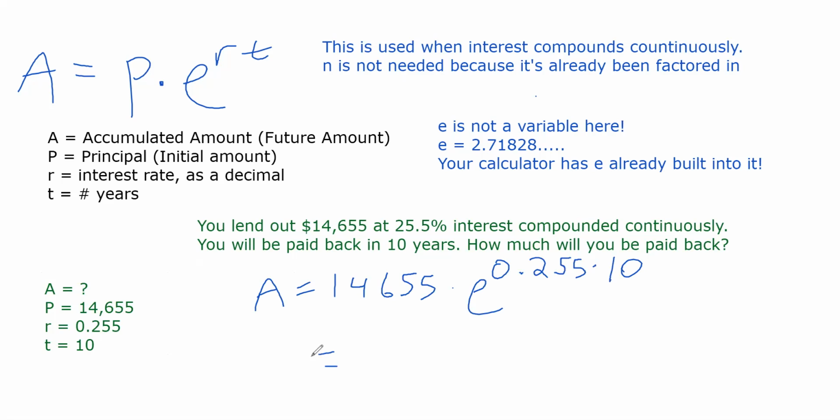This one I think is going to blow your mind a little bit as well. In the calculator, you can actually write it like this. On a clear, fresh, blank line, you can write 14,655. Go ahead and hit times.